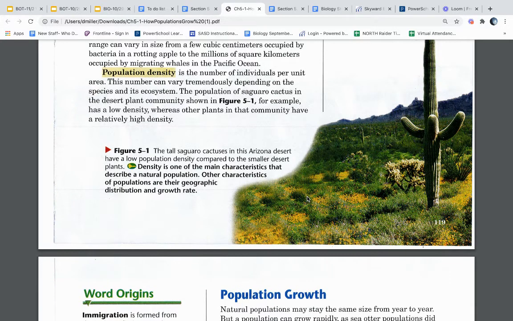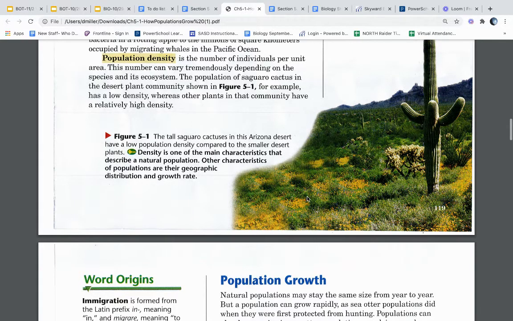Figure 5.1. The tall saguaro cactuses in this Arizona desert have a low population density compared to the smaller desert plants. Density is one of the main characteristics that describe a natural population. Other characteristics of populations are their geographic distribution and growth rate.